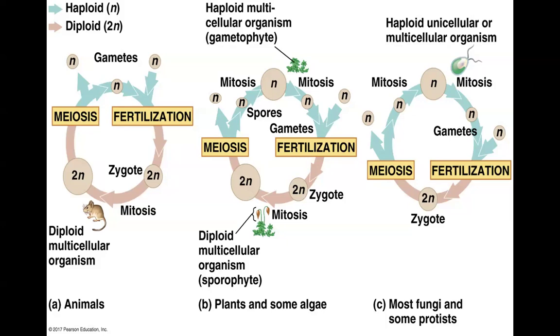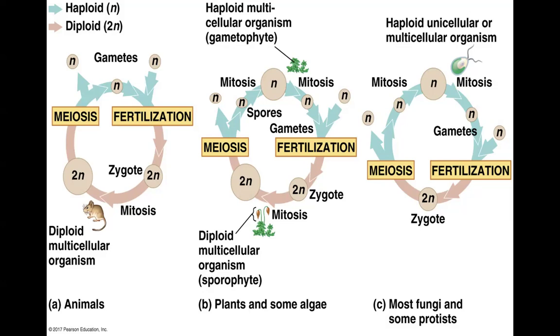Plants and some algae, however, have a different strategy. They can undergo fertilization to once again form a zygote, which will undergo mitosis to form a diploid multicellular organism. In this case, we call the diploid form the sporophyte. The sporophyte can have specialized cells that will undergo meiosis to form spores, which is what we see in the diagram. However, some of these spores will undergo mitosis to form a haploid organism called a gametophyte.